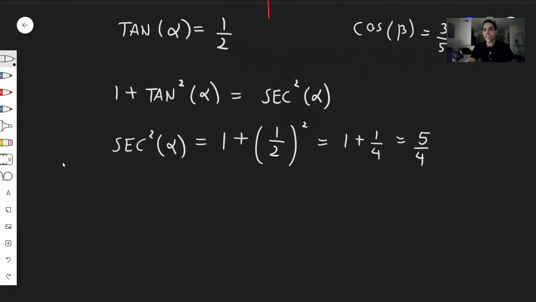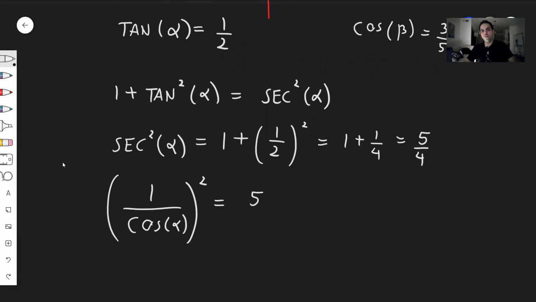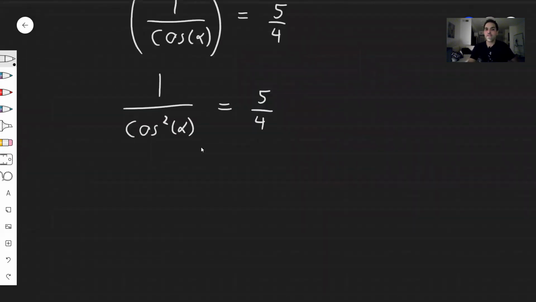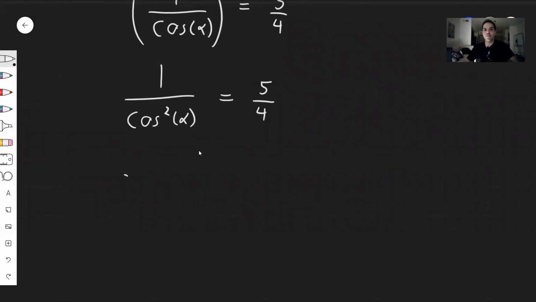So secant squared is 5/4, but remember secant is 1 over cosine. So 1 over cosine squared equals 5/4. And in particular, to get cosine squared, you take reciprocals.